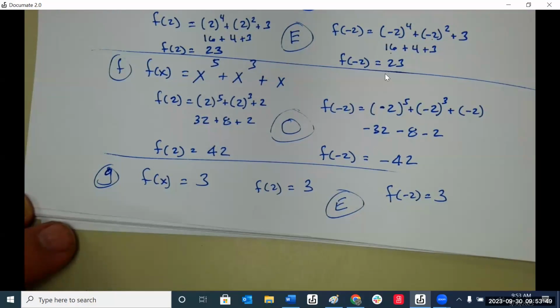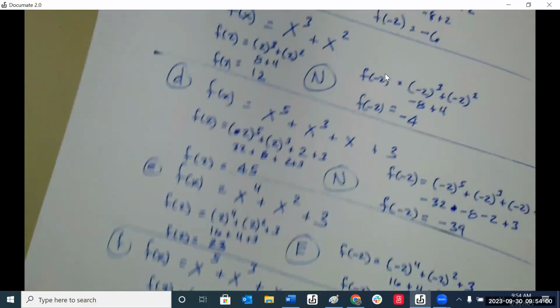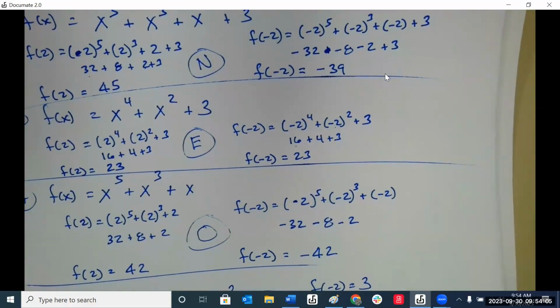Looking at these 7 examples, what can you come up with as a conclusion? Let's look at the ones that were even, the ones that were odd, and the ones that were neither. So first off, we know that constant terms are even.